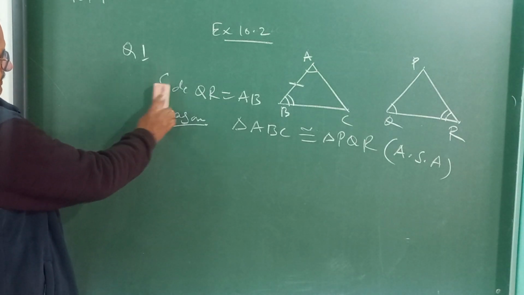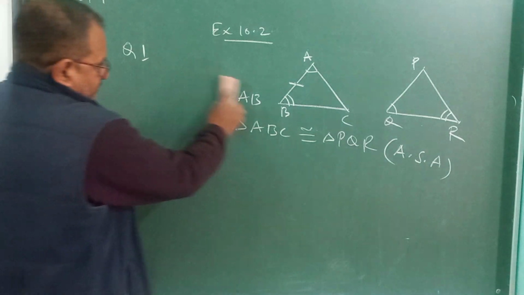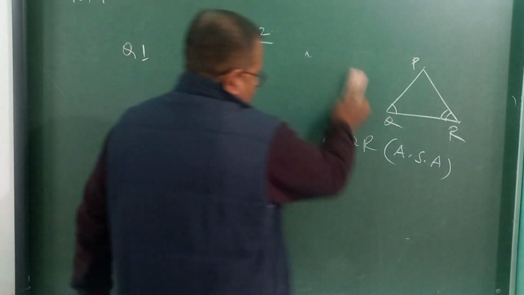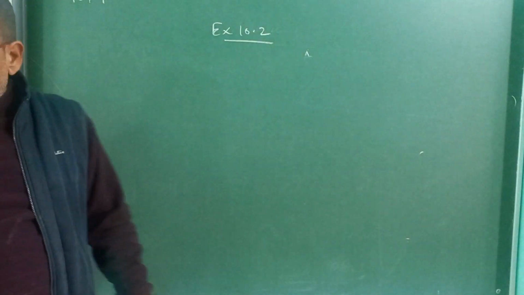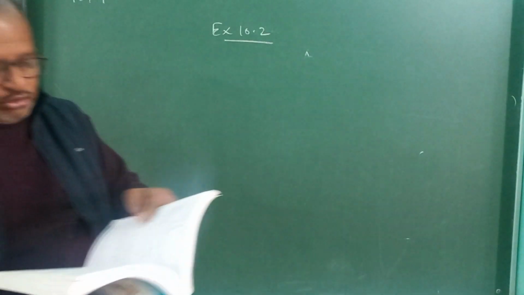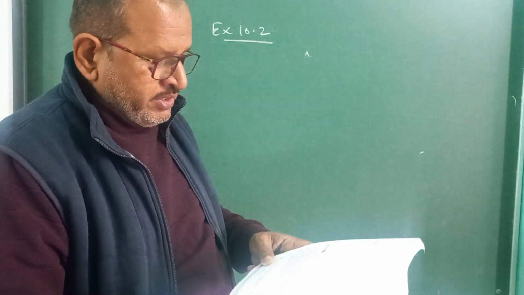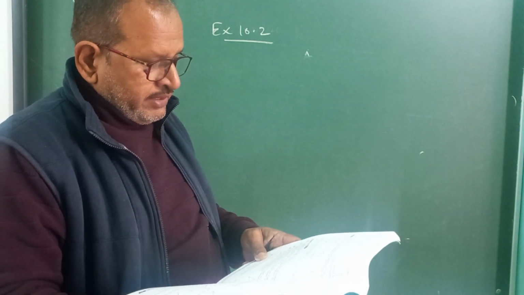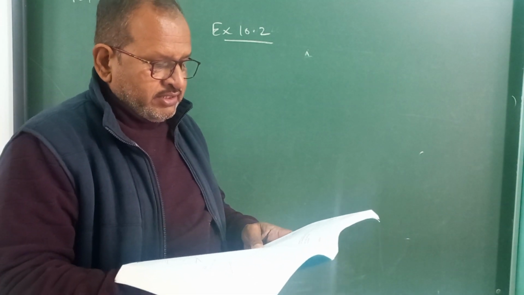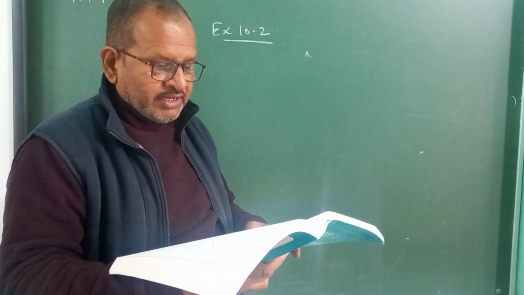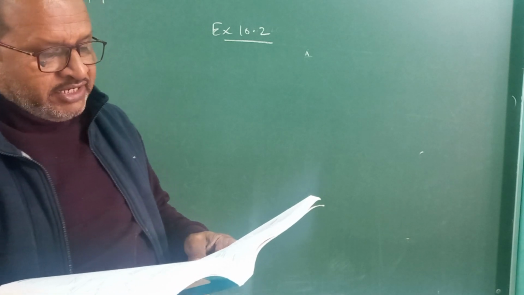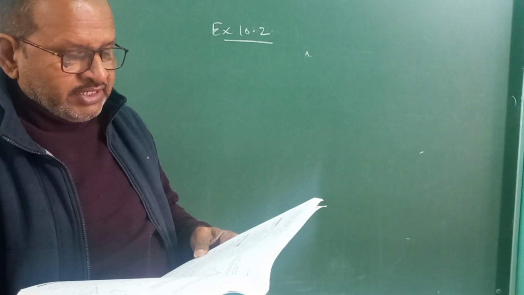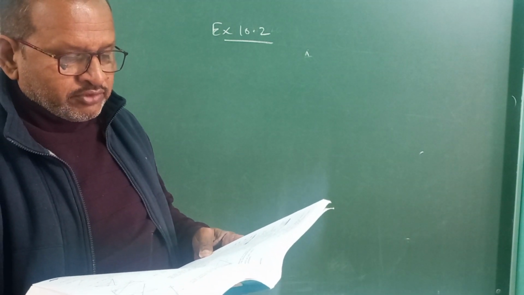Next question, question number 3. It is written, if two angles and a side of one triangle are equal to two angles and a side of another triangle, then two triangles must be congruent.